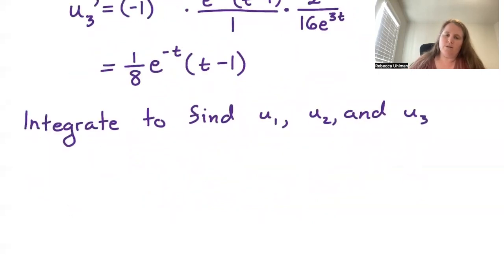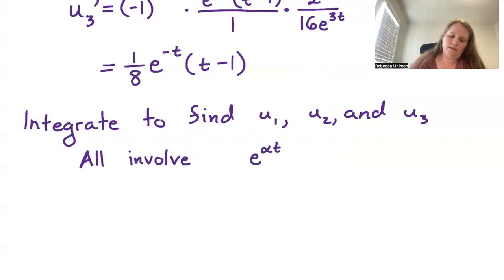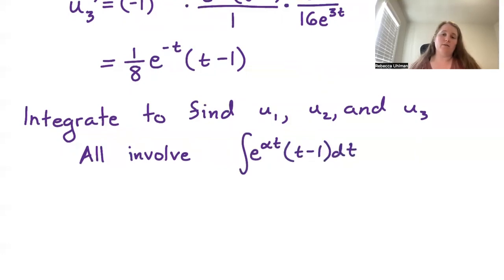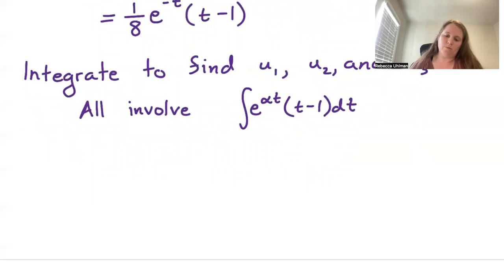So I'm going to actually just integrate first an integral of e to the alpha t times t minus 1 dt. So I'm going to integrate that just generally first, and then we'll go from there.